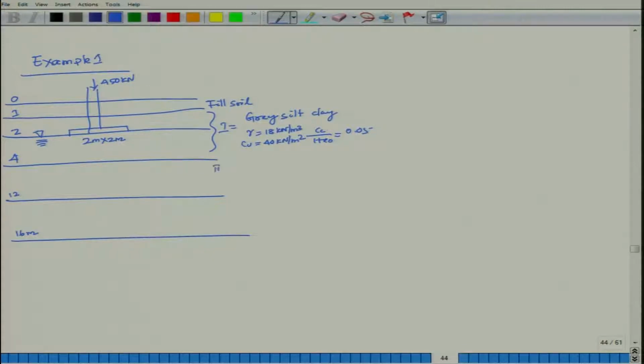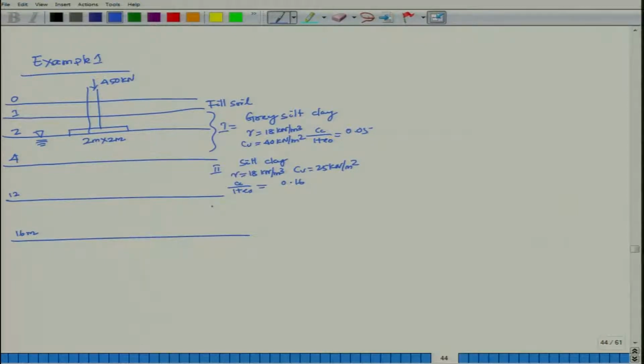Then layer 2, it is silt clay, gamma is equal to 18 kilonewton per meter cube, Cu is equal to 25 kilonewton per meter square, Cc by 1 plus e0 is equal to 0.16.